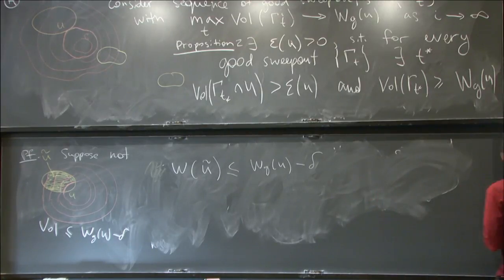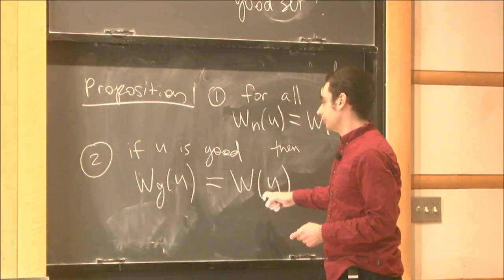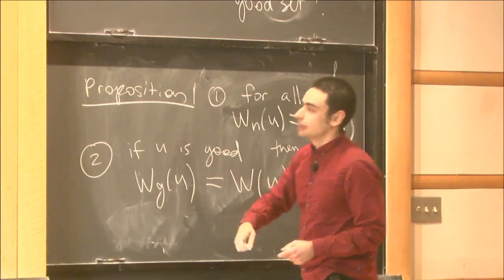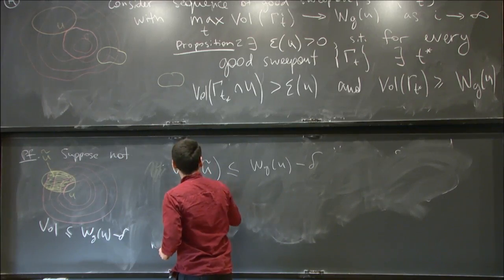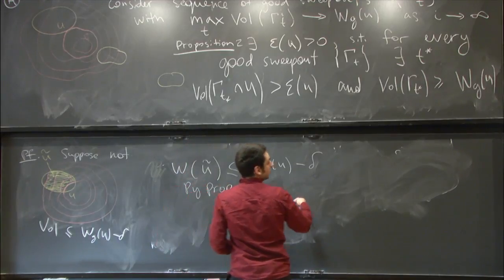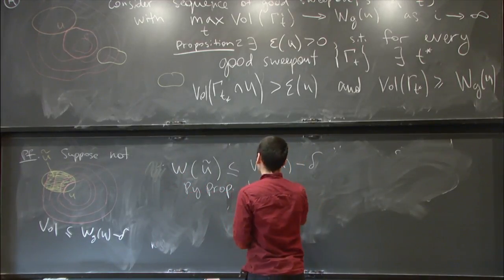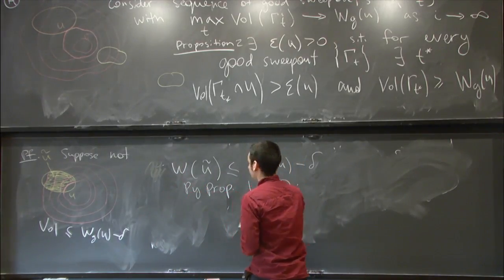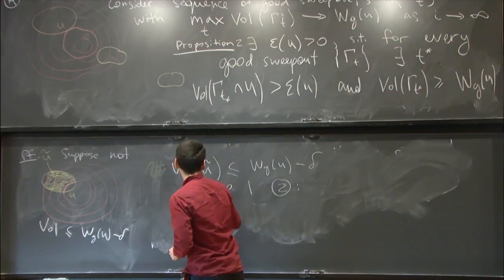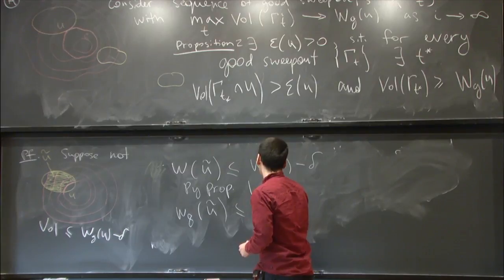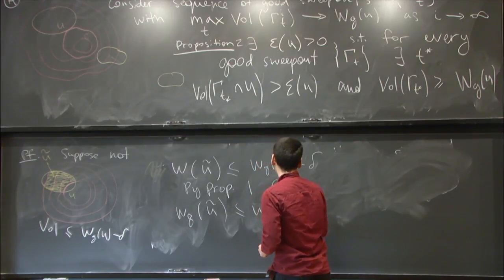And then we use proposition 1 to go from the W of U to Wg of U. By proposition 1 part 2, we conclude that Wg of U is less or equal than Wg of U minus delta.